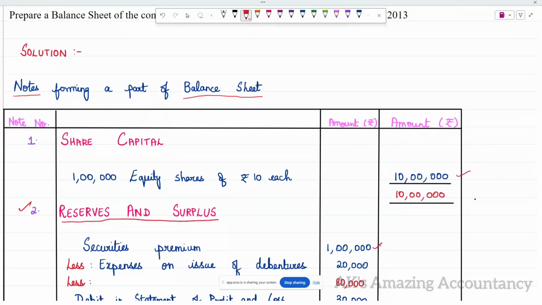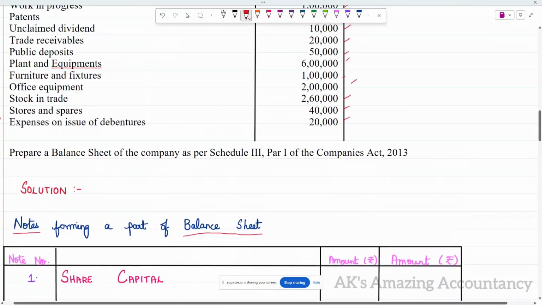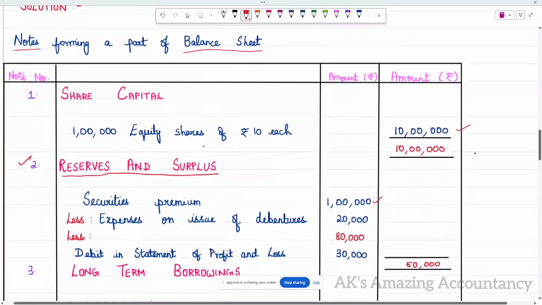And in this particular problem, we have an item called expenses on issue of debentures. This item is given as the last item in the problem. Expenses on issue of debentures will have to be adjusted from securities premium. So this has to be deducted from securities premium.